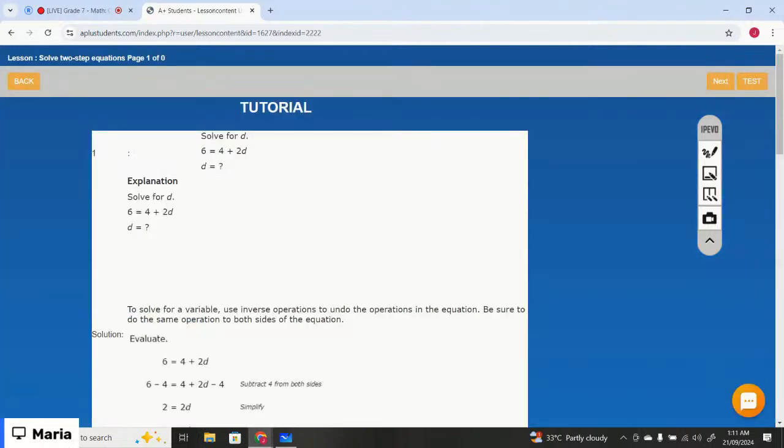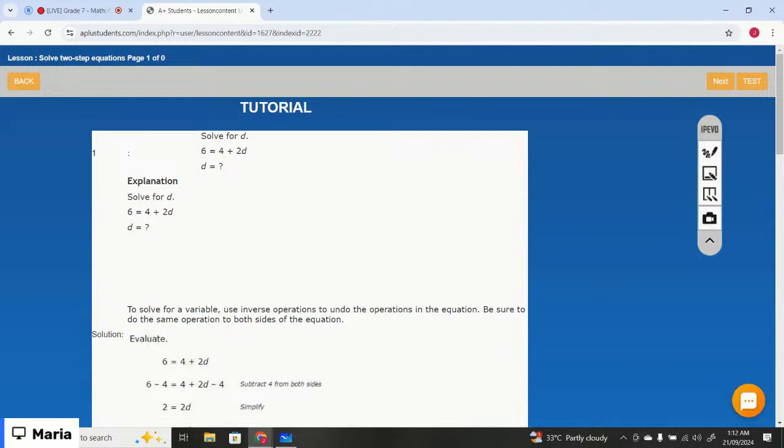Okay, so solve for d. The example you are given is 6 equals 4 plus 2d, right? So you have to do the same thing. You have to undo the operations. So you have to perform the same operations on both sides of the equation, right? So first thing is you need to subtract 4 from both sides.